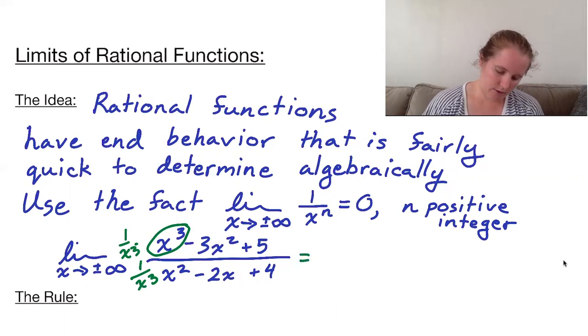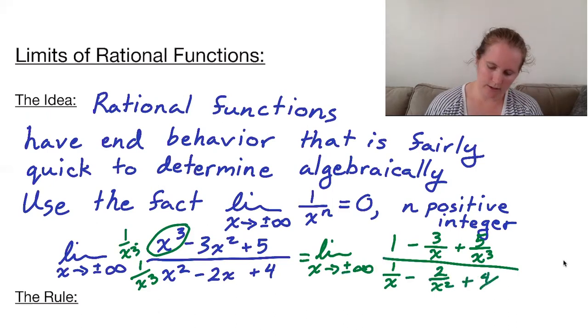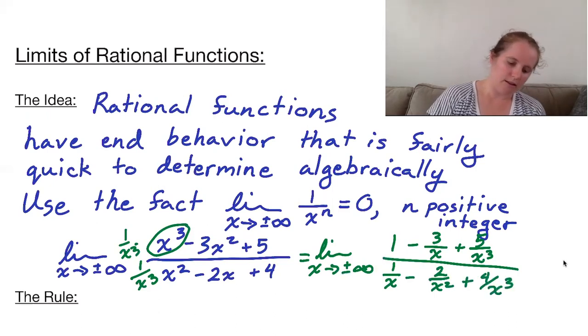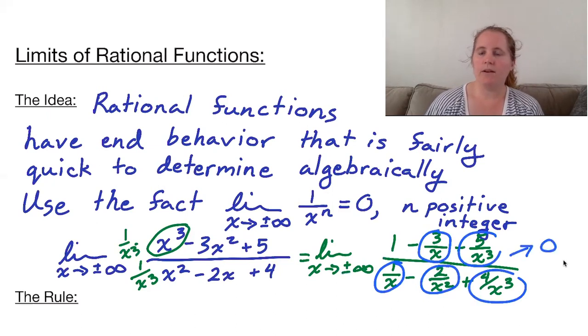So we're looking at the limit as x goes to plus or minus infinity of 1 minus 3 over x plus 5 over x cubed, over 1 over x minus 2 over x squared plus 4 over x cubed. So you see that all of these terms will go to 0, right?